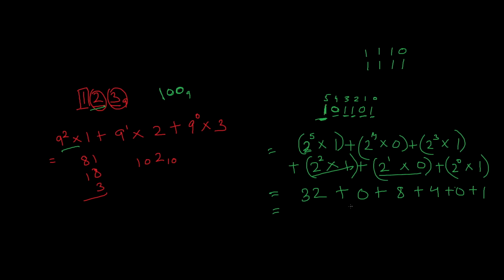And if I add these up, that is 45. So 1 0 1 1 0 1 in binary is 45 in decimal. And that's how you convert between binary and decimal numbers.